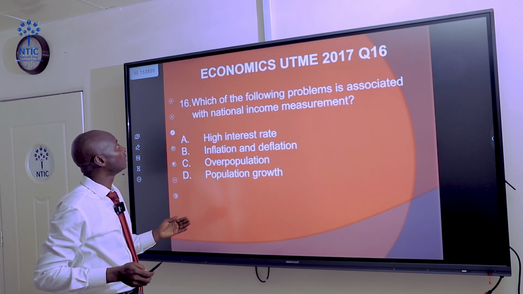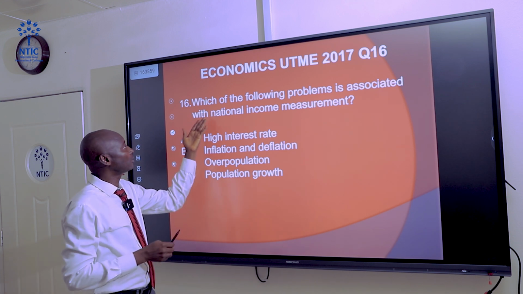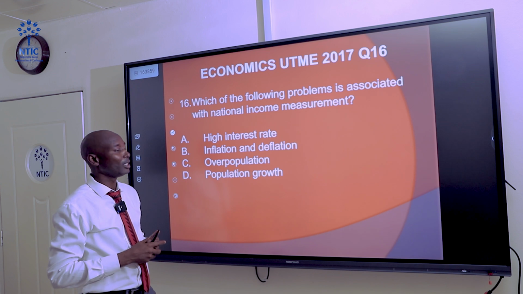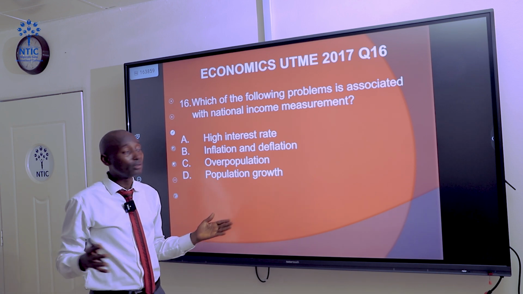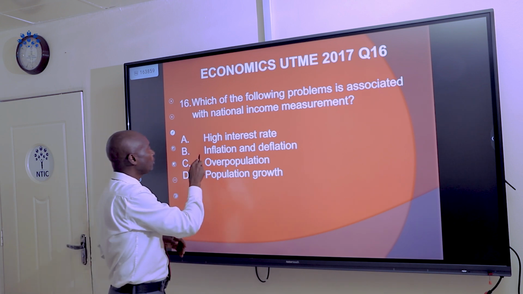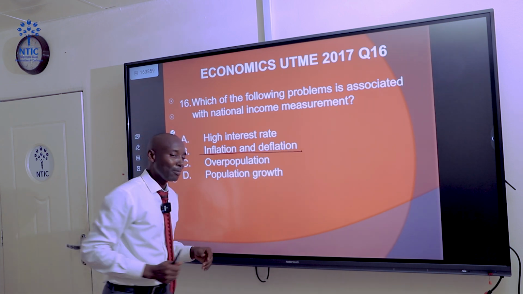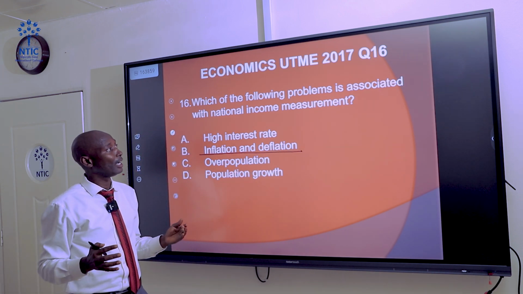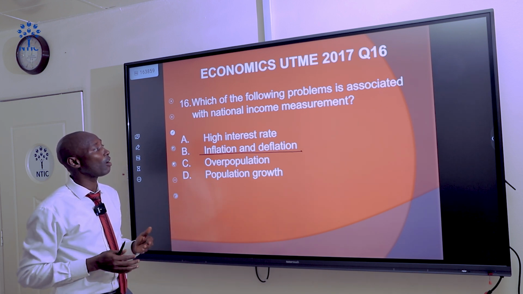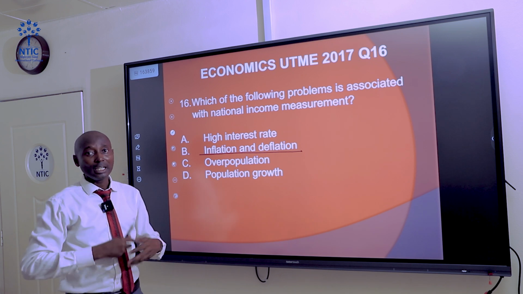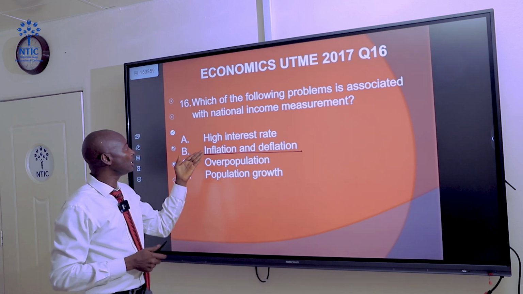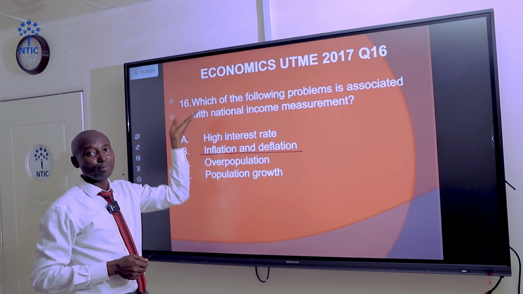Question 16. Which of the following problems is associated with national income measurement? There are several of them that you can talk about. You can talk about double counting. You can talk about many others. But inflation can make the measurement of national income either inaccurate or underestimated, because it means fluctuation in prices.